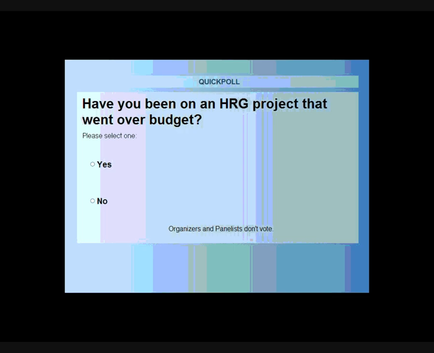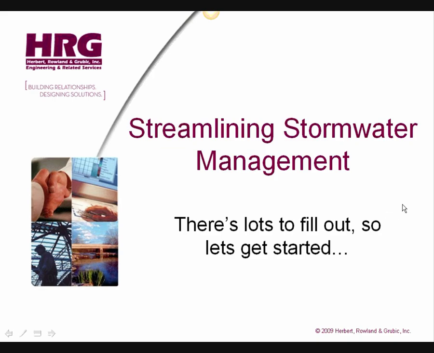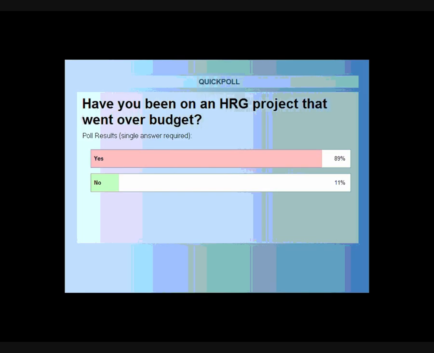All right, so 69% voted there. We'll get a couple more votes and close that poll. So as you can see, from this room you had 95% of the people, except for Riesinger, and the majority of people have been on projects that went over budget.